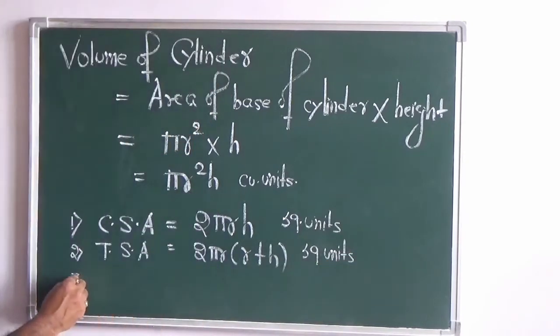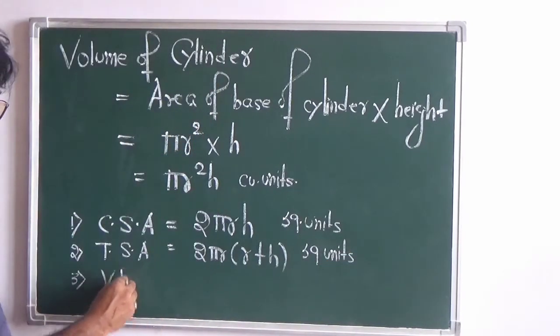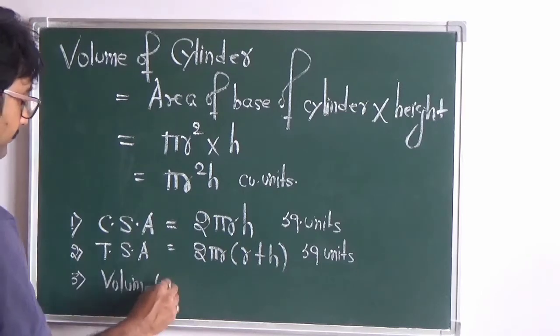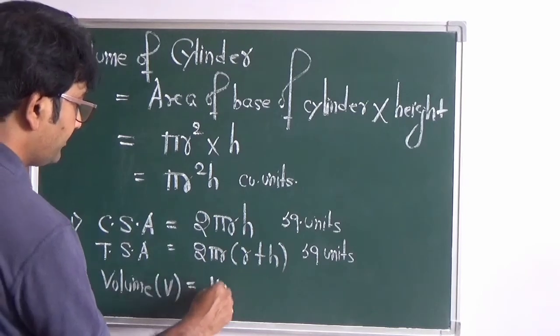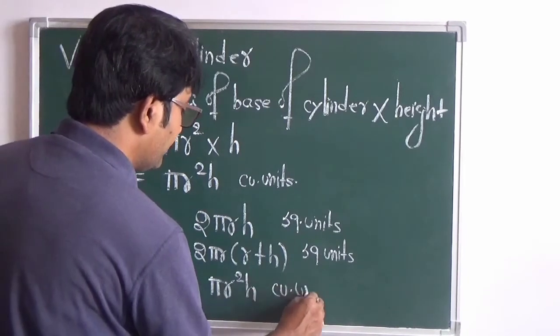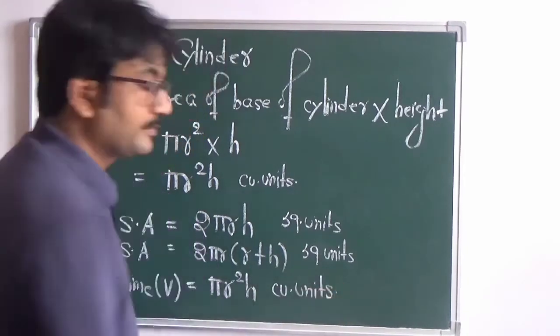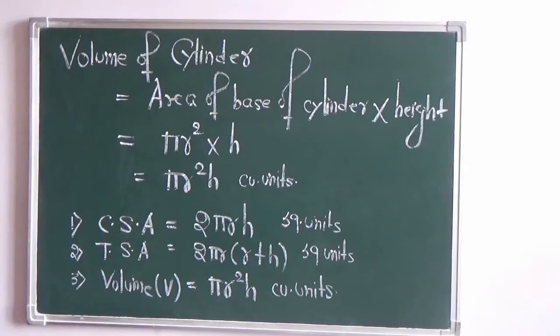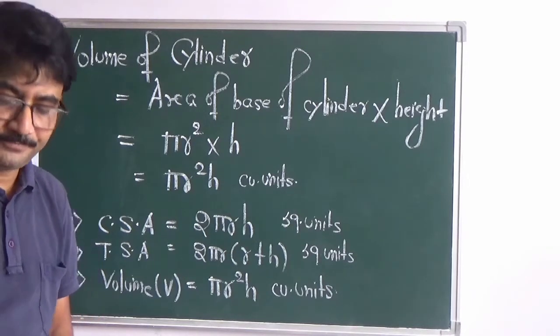And number 3, the volume V, that is pi r square h cubic units. So these are the three formulas we have, with the help of which we will solve a few problems on the right circular cylinder.